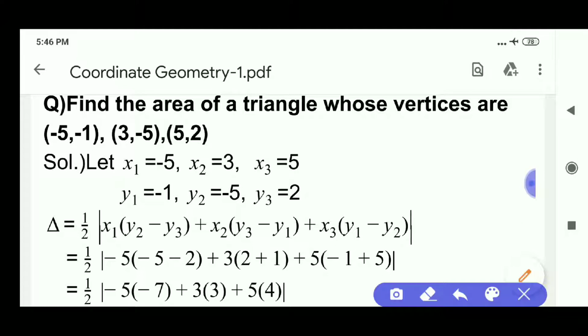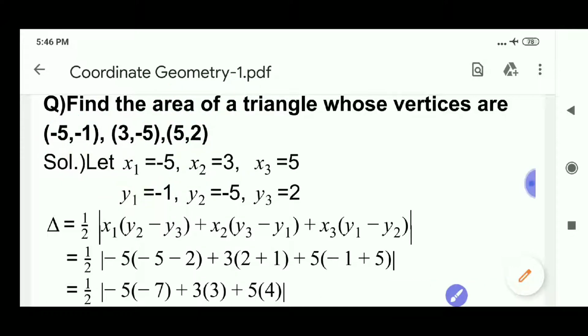Find the area of the triangle whose vertices are (minus 5, minus 1), (3, minus 5), (5, 2). Let the first point be x1, y1, second point x2, y2, third point x3, y3. Then x1 becomes minus 5, x2 becomes 3, x3 becomes 5.